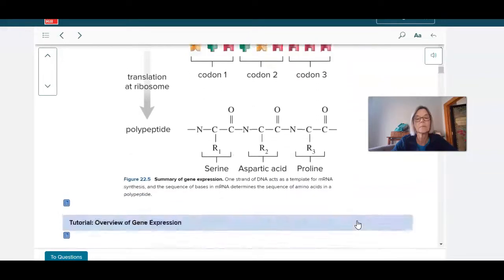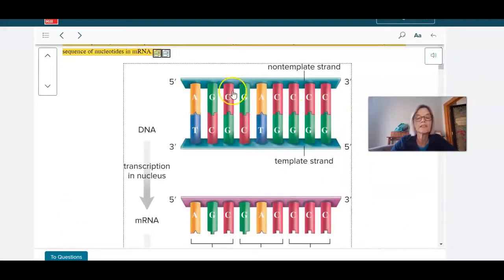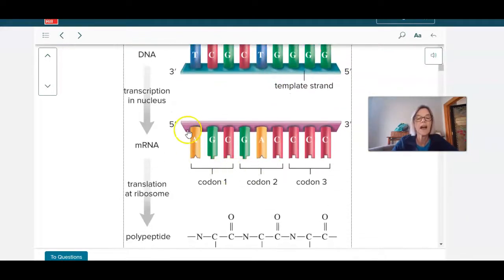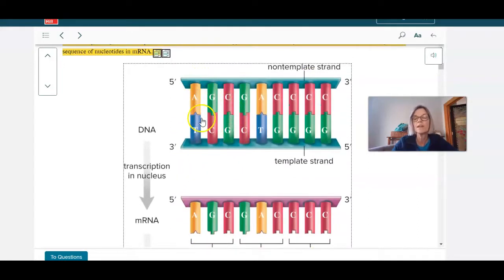One of the things that you're going to notice here is that when I have this DNA molecule, only one side of the DNA molecule is going to be used to copy the messenger RNA. So in the videos, it's going to show you that this DNA molecule opens up. There's an enzyme called RNA polymerase. It makes a polymer of RNA.